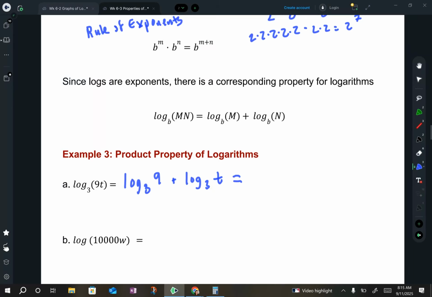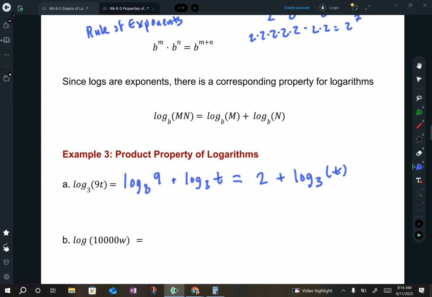Now, we can't do anything to simplify log base 3 of t at this time because we don't know what t is, but we do know that log base 3 of 9 is 2 because 3 squared is 9. So this becomes 2 plus log base 3 of t. Now, whether or not this is more simple, I'm not sure, but it is called expanding. So if we want to expand a logarithm, this is the property that we're going to use.